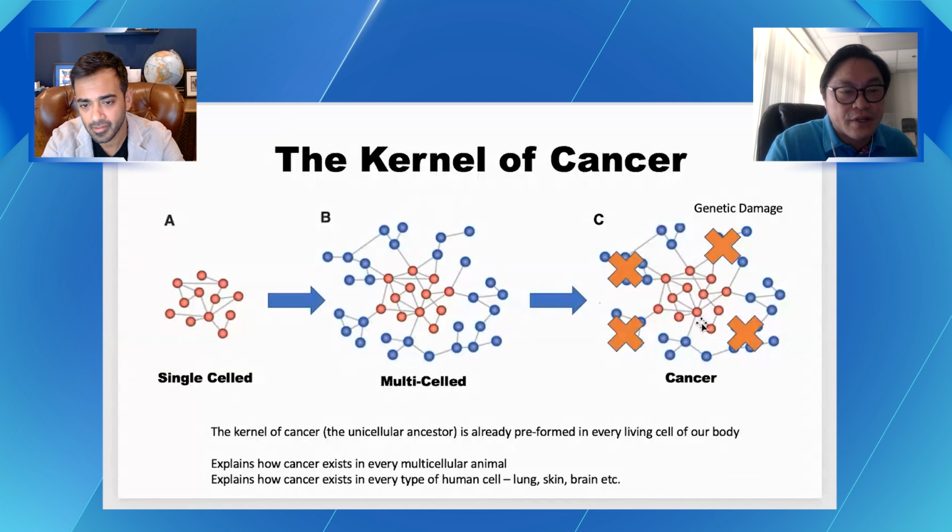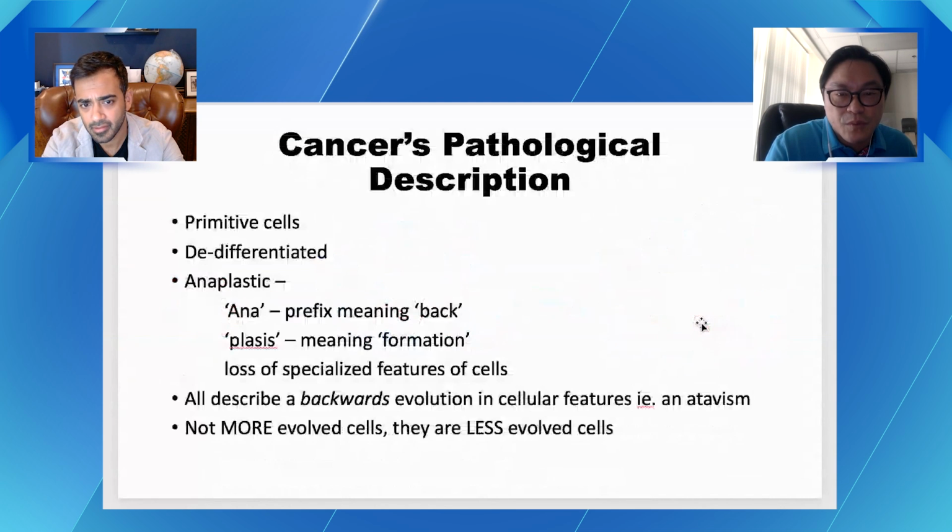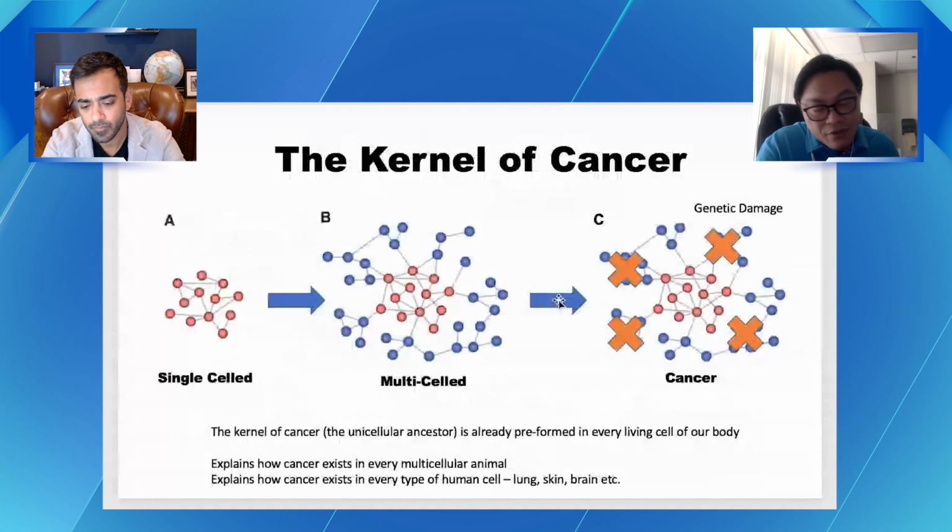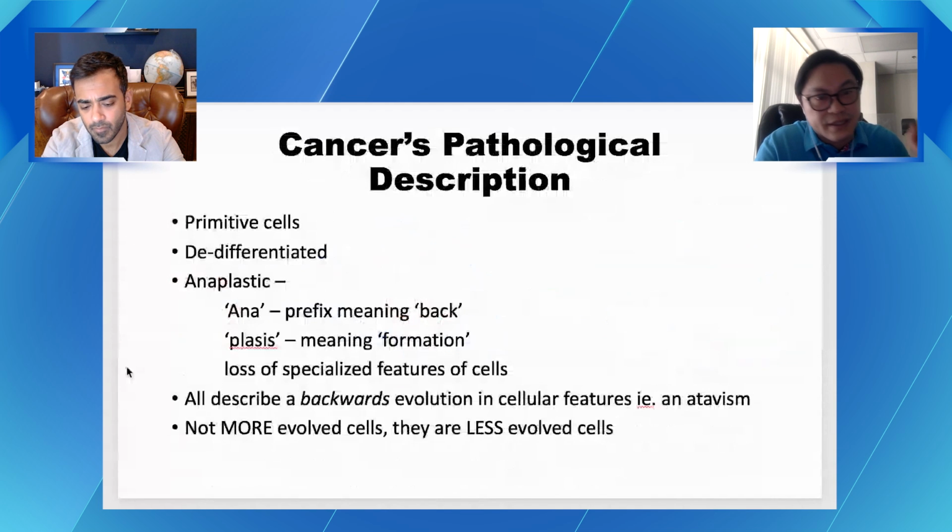And if you think about it, it's a backwards evolution from a multi-cell towards a single cell, and that's actually how cancer is described. If you think about how pathologists read cancer, it's a primitive cell, it's a dedifferentiated cell, it's anaplastic. Anaplastic means back formation. It's going backwards.